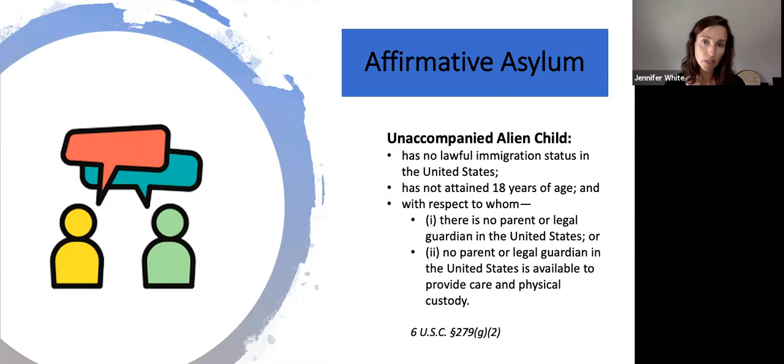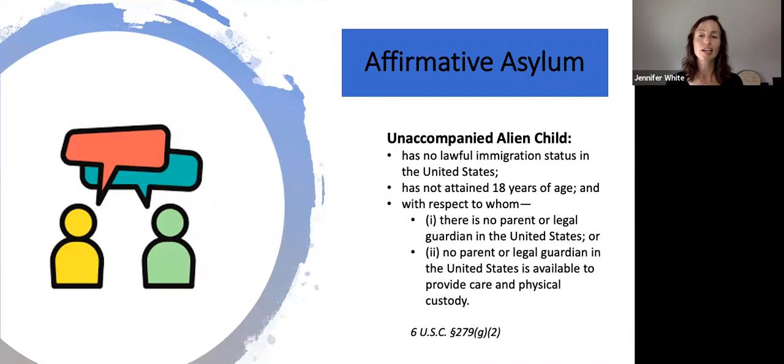I'm saying this because it is up to you as the advocate to file asylum applications for these kids with the asylum office, not the court, right? You have to make the legal argument that the children you're representing satisfy the definition for a UAC, and therefore that the asylum office has jurisdiction.